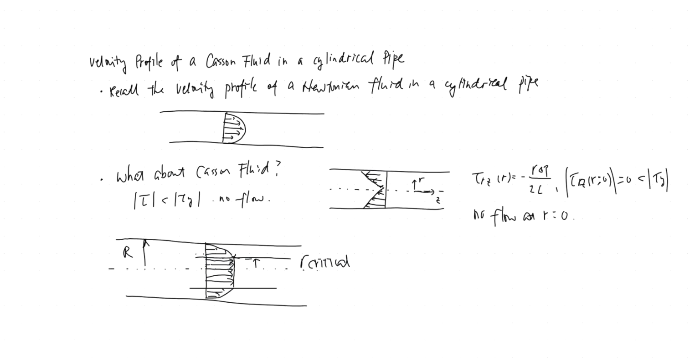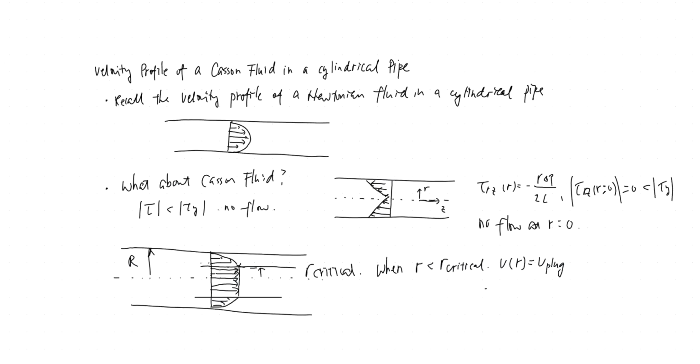When R is less than R critical, the velocity is a constant, which we call the plug velocity. So this uniform velocity along the center region is called the plug velocity.